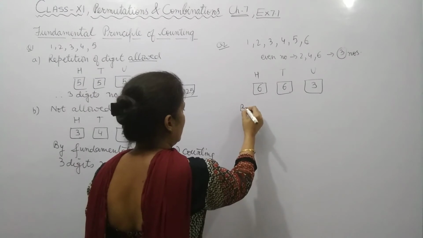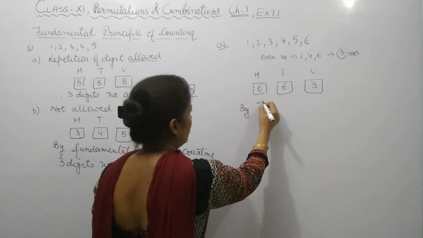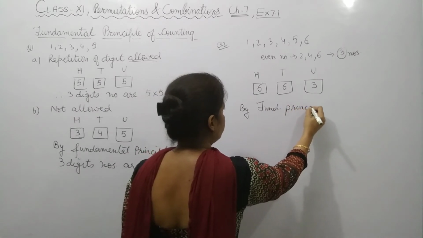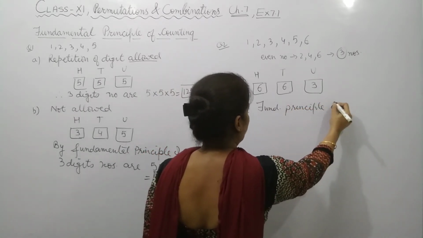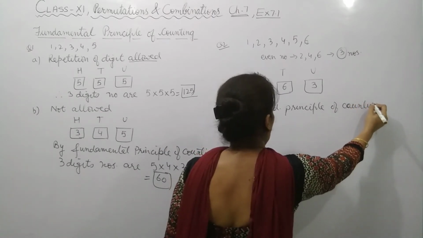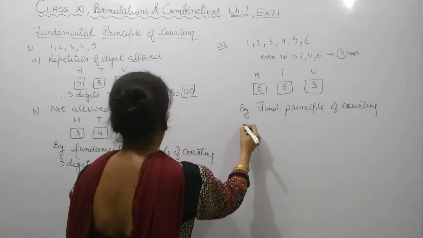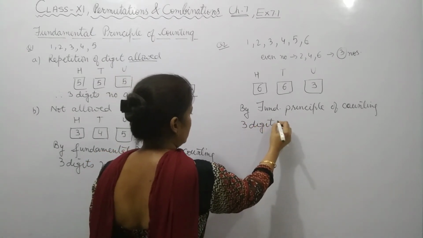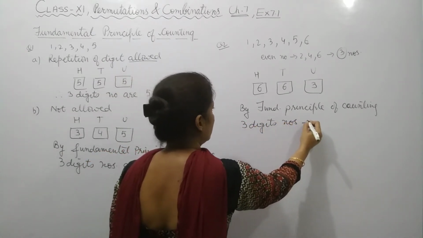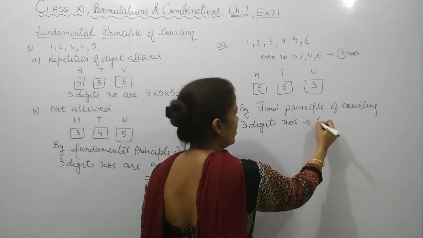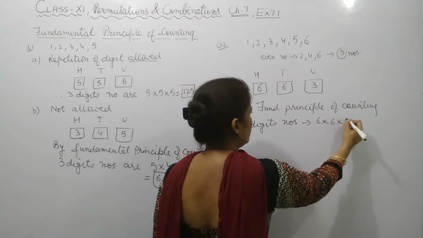Therefore, by fundamental principle of counting, 3-digit numbers, what it should be? क्या होगा? By using the fundamental principle of counting, 6 into 6 into 3.